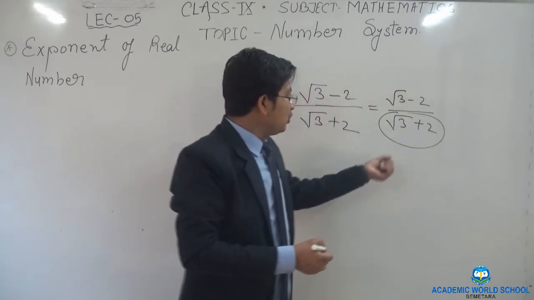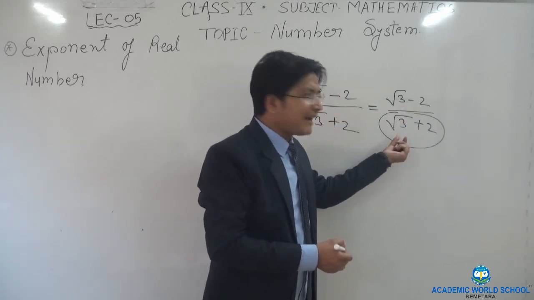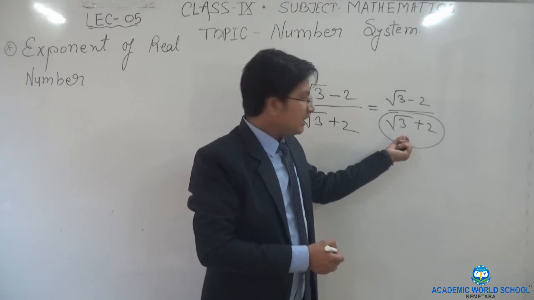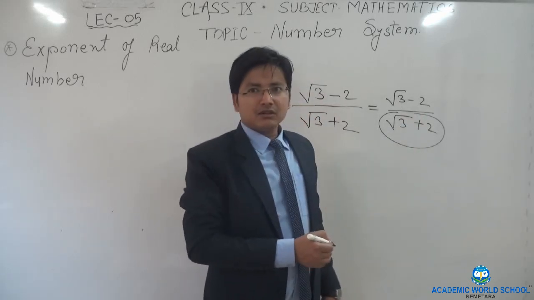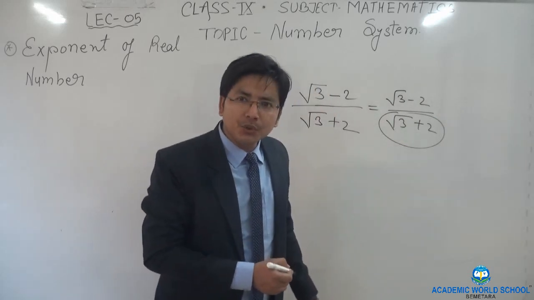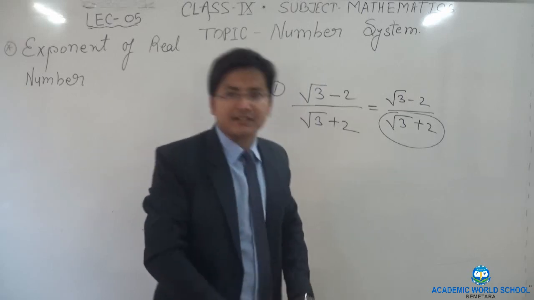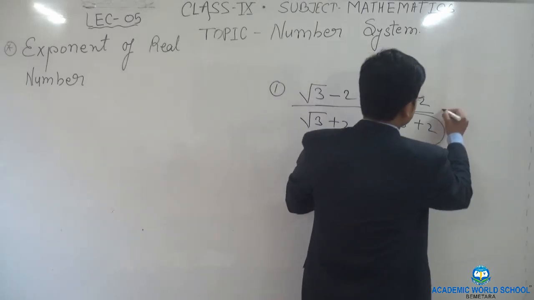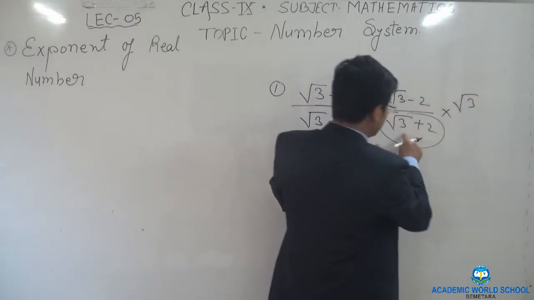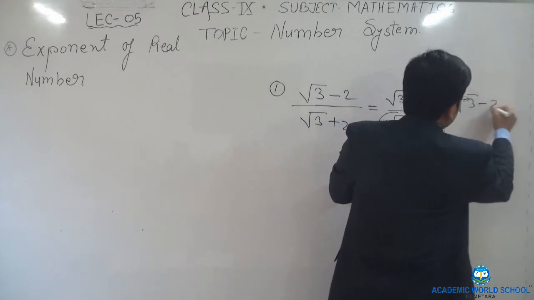I have to get rid of this radical sign on the denominator side. So for the sake of it, I am going to multiply by the rationalizing factor. This is called the rationalizing factor. This is root 3, and then if this is a plus sign, I have to write minus sign.